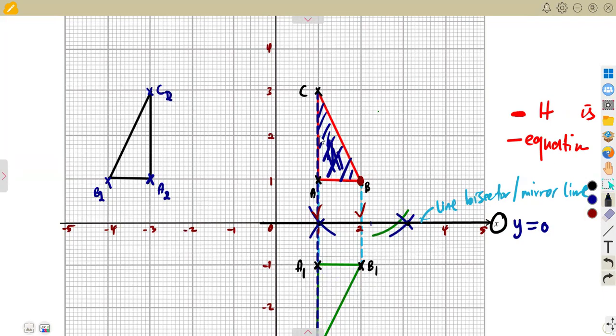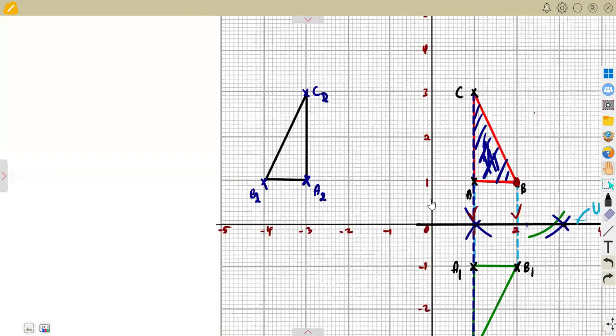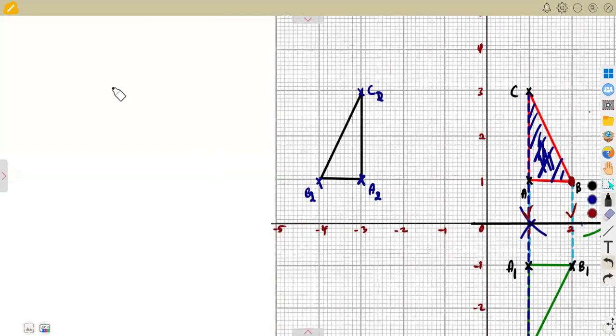We want to know the transformation which is going to map this triangle onto this triangle. The object ABC and the image A2, B2, C2 are exactly the same in size. Meaning to say, we still have to go through the process.